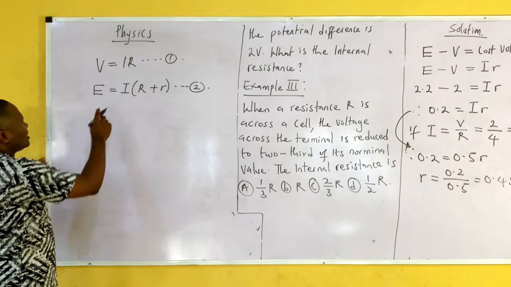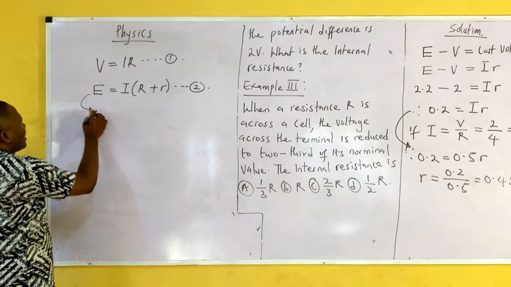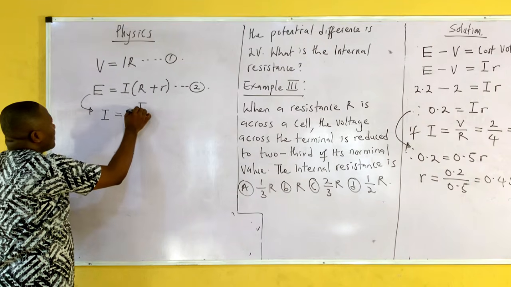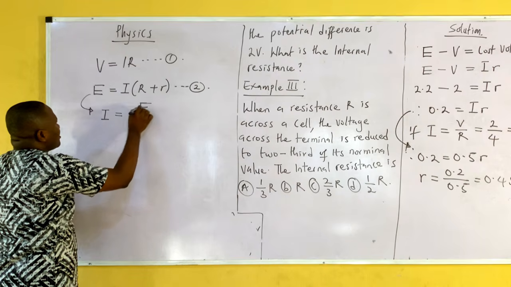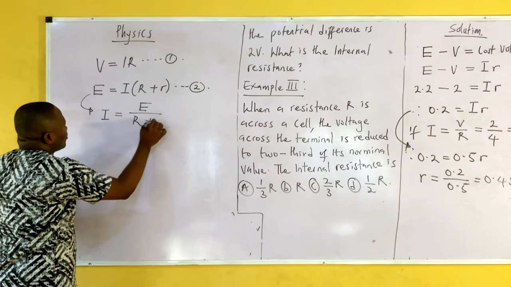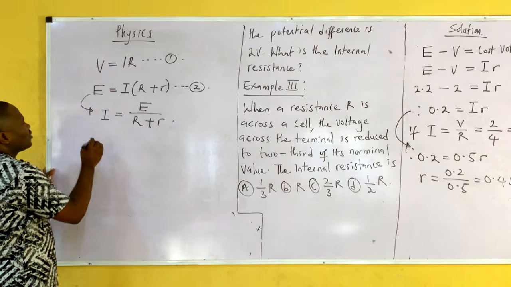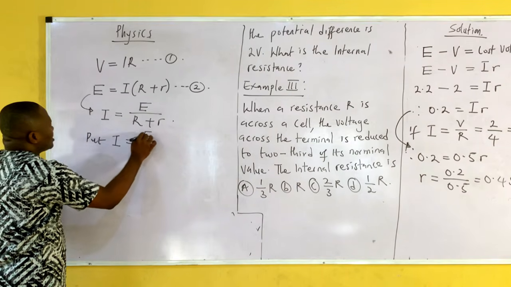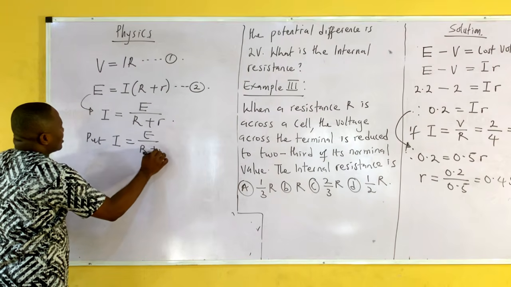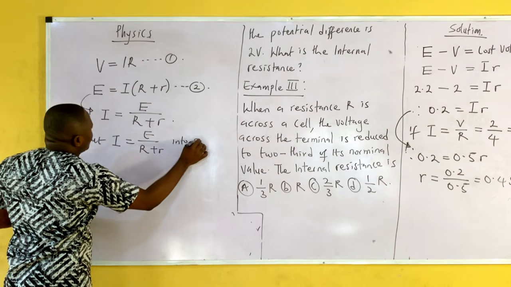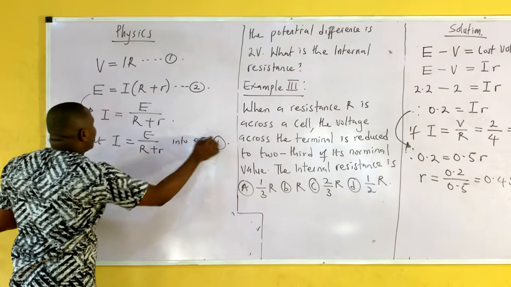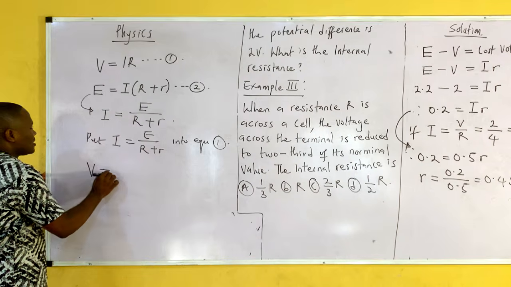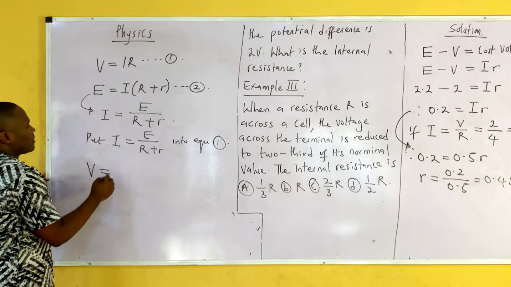Now look at this. From here, I can say that I is equal to E, that's EMF, over R plus r. Now, I want to put I equals E over R plus r into equation 1. What will it now become? It will become V is equal to, what is now my I?